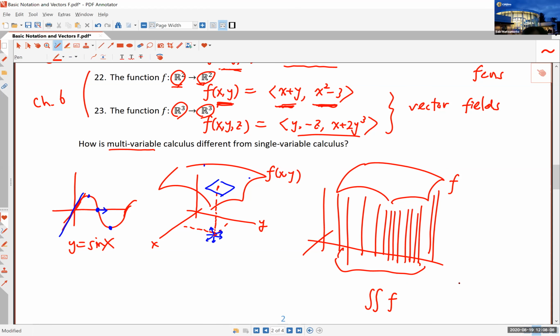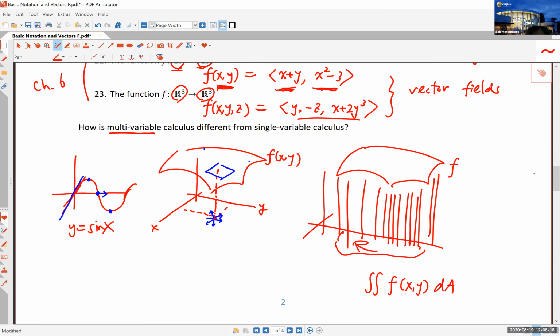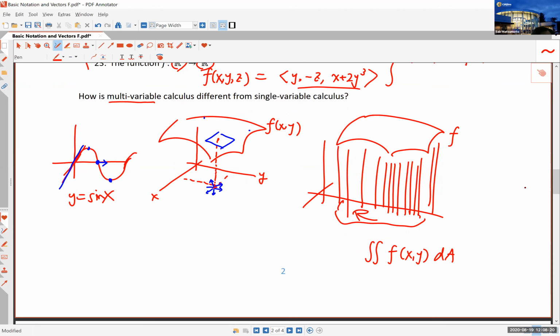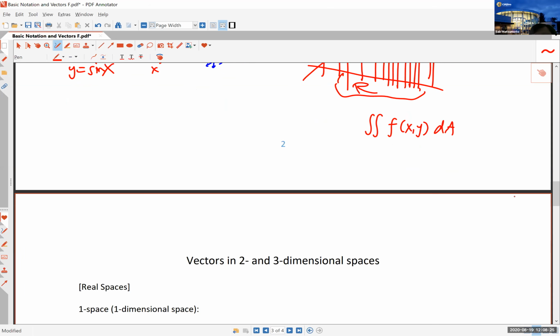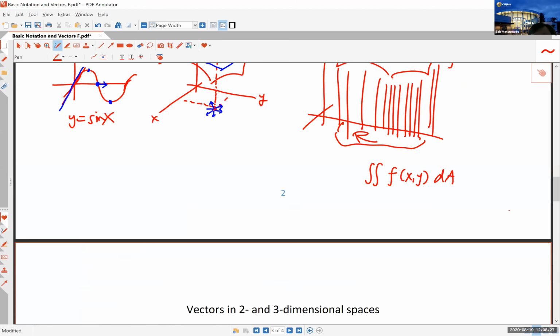And then we have to define what you're integrating over. And of course, that's going to be a region R, which we will use dA for differential. So these are the kind of things we'll be talking about, double and triple integrals, before we are finished with this. Okay. So that's sort of like the beginning part.